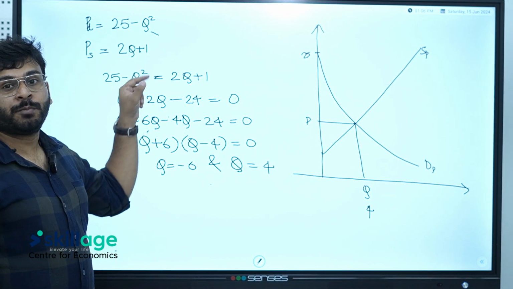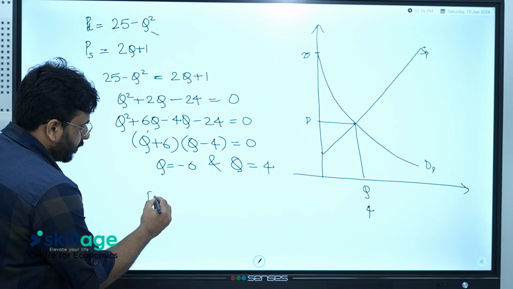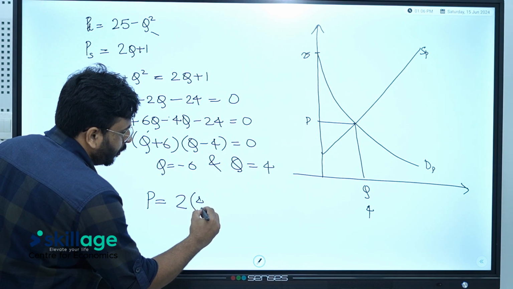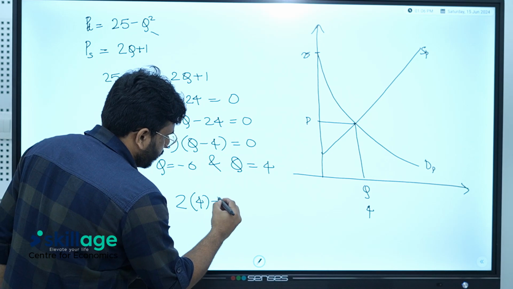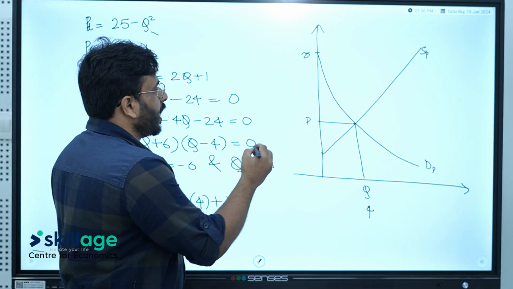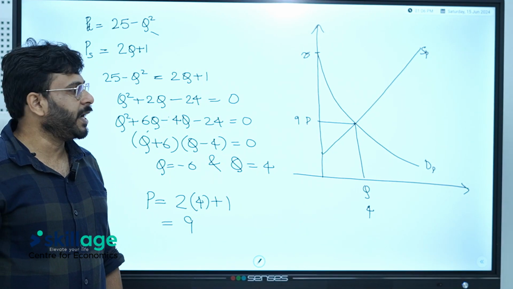I think it is easier if you plug it into your supply function. So your price is P equal to 2Q plus 1, which is 2 into 4 plus 1. So this becomes 9. So 9 is your price.